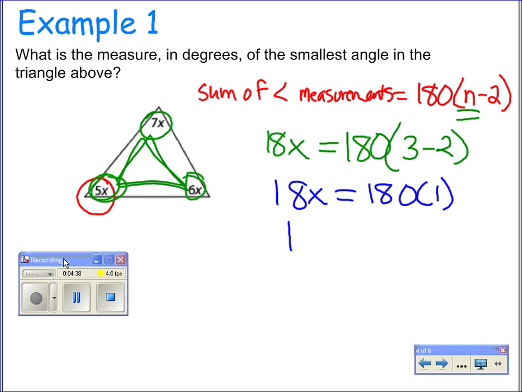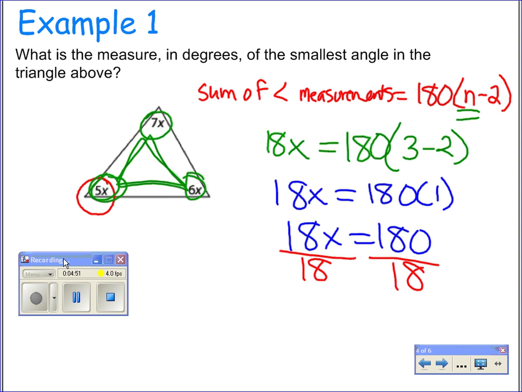So we end up with 18x is equal to 180, because 180 times 1 is 180. So you are now down to a one-step equation. You will divide both sides by 18 to get x by itself. 18 divided by 18 is 1, so we end up with x by itself on the left-hand side.